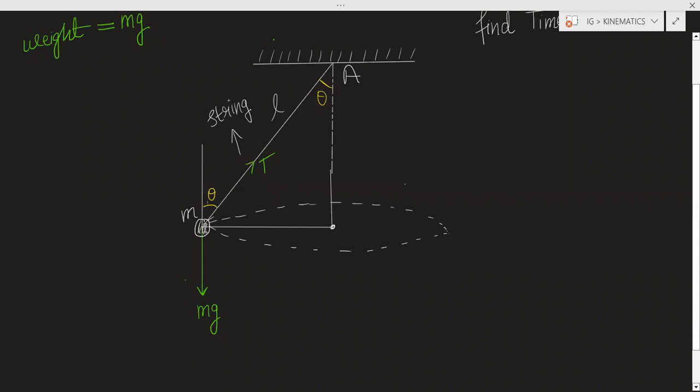Now this is the tension force, and it is making an angle theta with the vertical. What we can do is take the components of this tension force. In the chapter on vectors, we discussed that for a force we can take components.